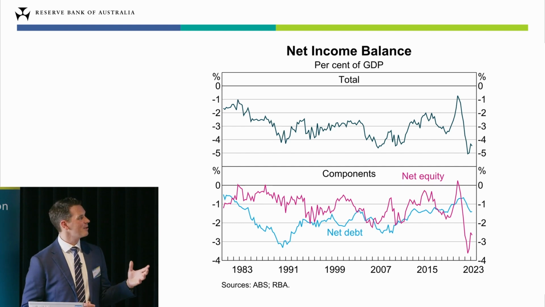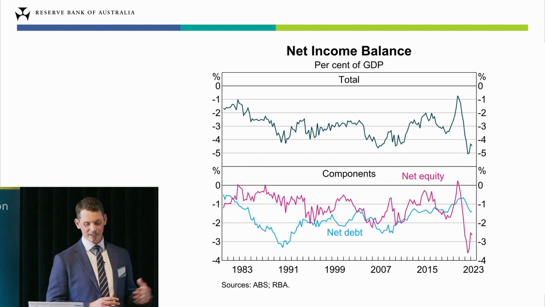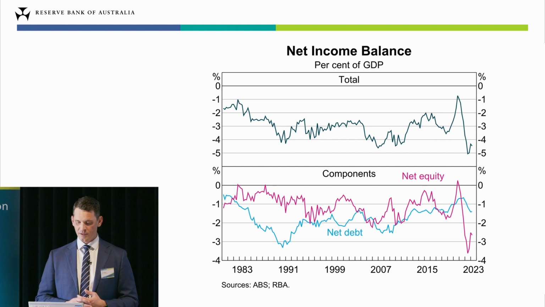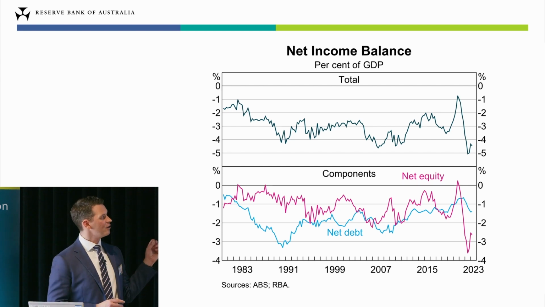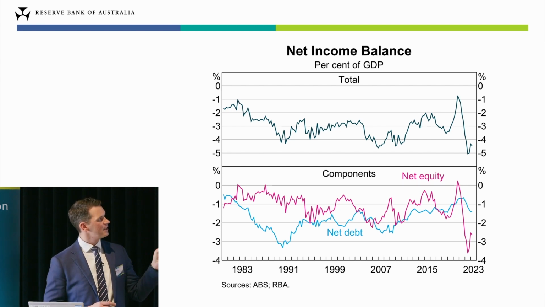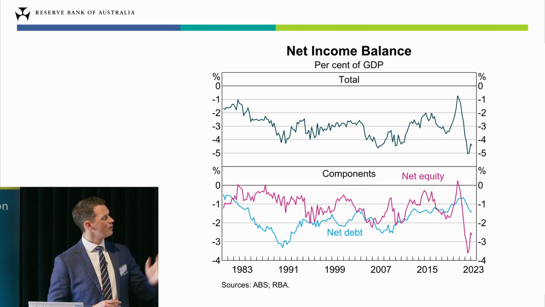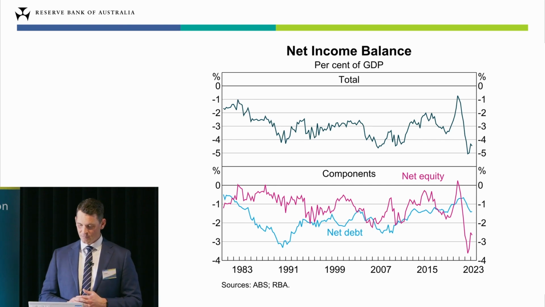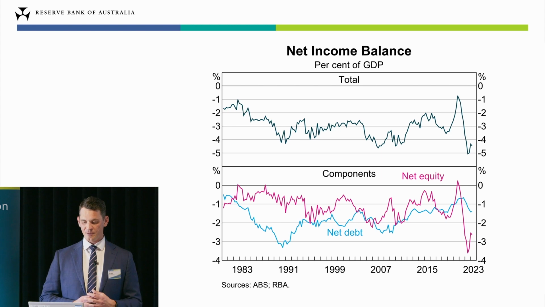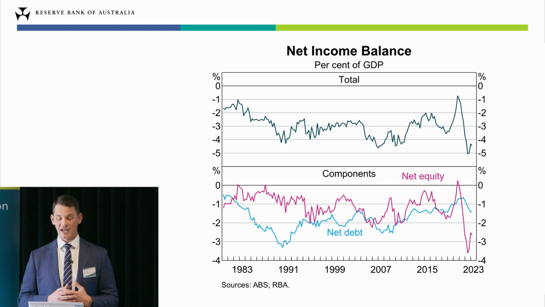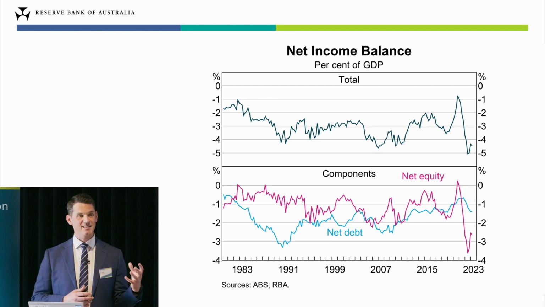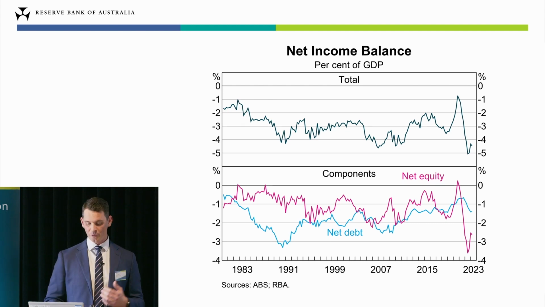But around the pandemic there, you can see there's some particularly significant moves. The net income balance narrowed fairly significantly around the pandemic there. It moved up towards zero, which added to the current account surplus. But since then, it's widened out more recently to a historically large deficit, offsetting some of that trade surplus and weighing on the broader current account.